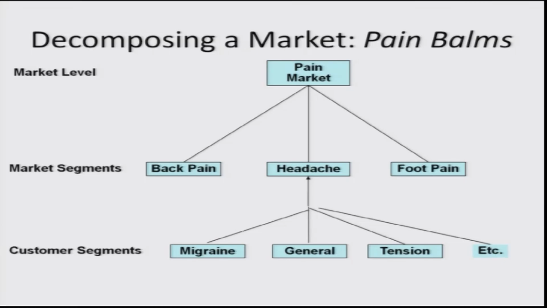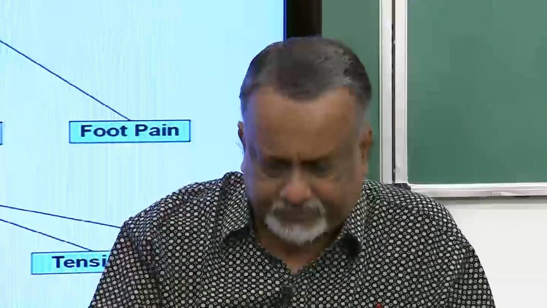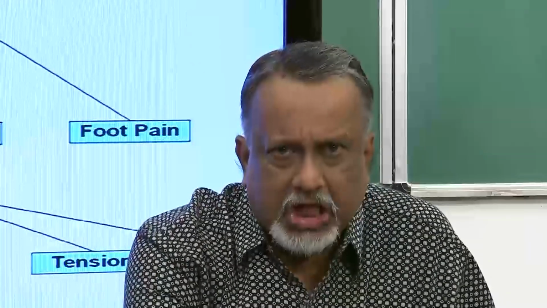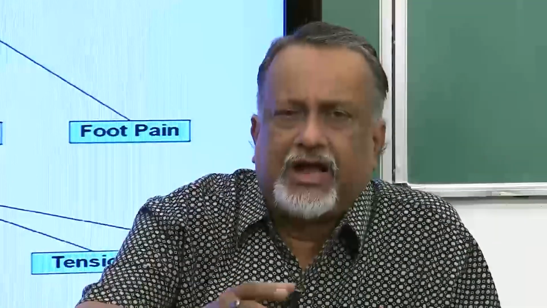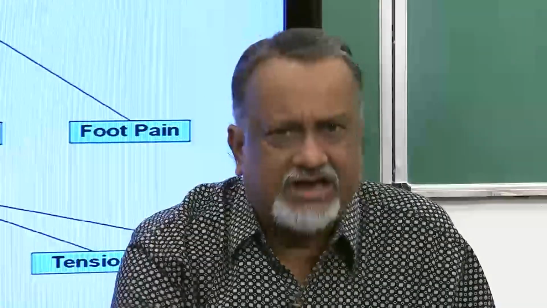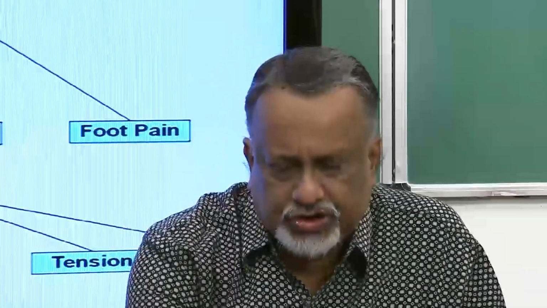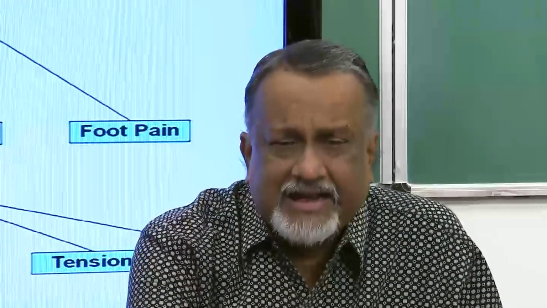So, you can have a family of products addressing a whole lot of different requirements within the overall market segment, addressing micro segments, as we discussed about Tiger Balm, or you can take the approach of Move and create a product which is a dominant product for one particular segment, which may be a very large requirement, because back pain and headaches are the most commonly occurring pain situations.